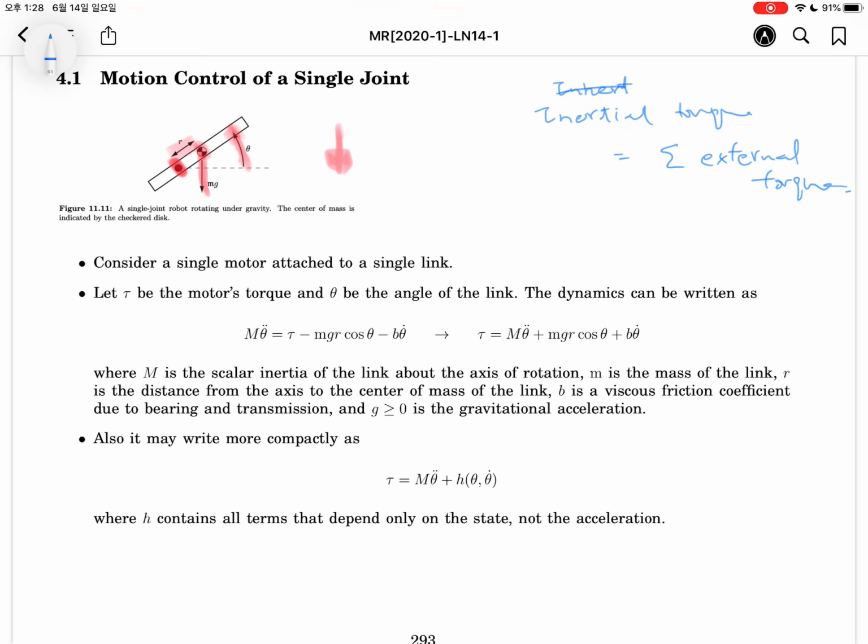The inertial torque will be m theta double dot. M is the scalar inertia of the link about the axis of rotation, such as I_zz. In the previous lecture we talked about it. M is the mass, and r is the distance from the axis to the center of mass of the link.